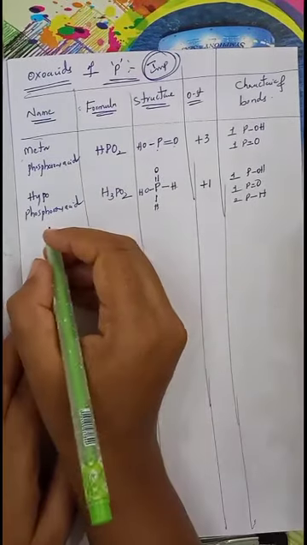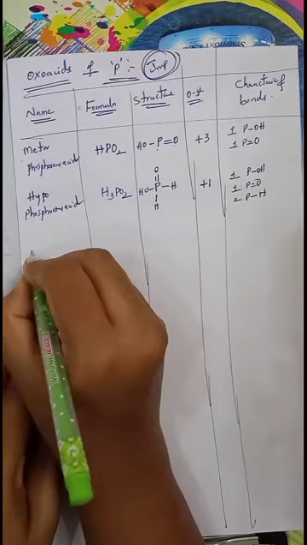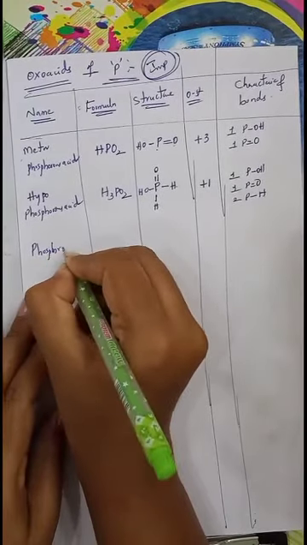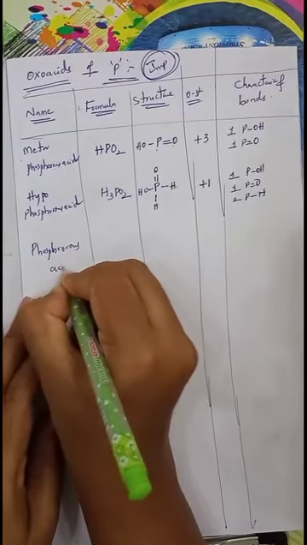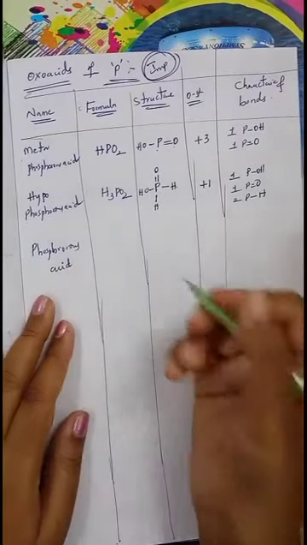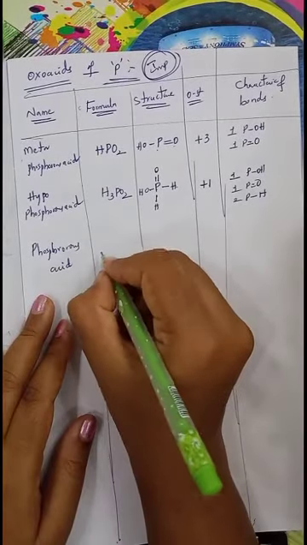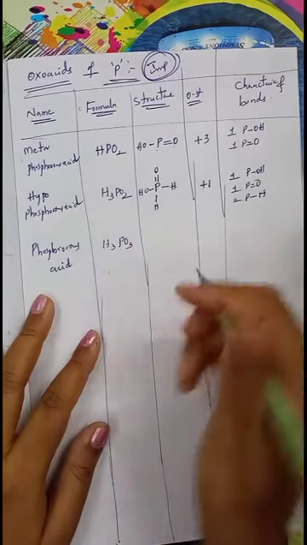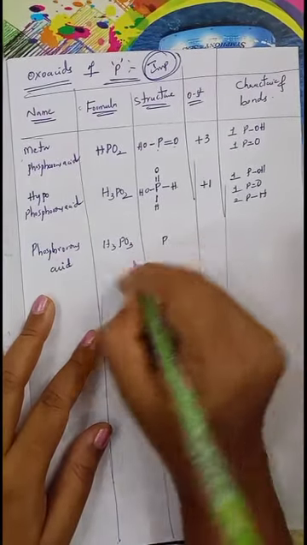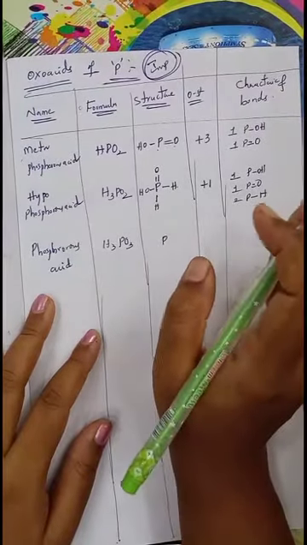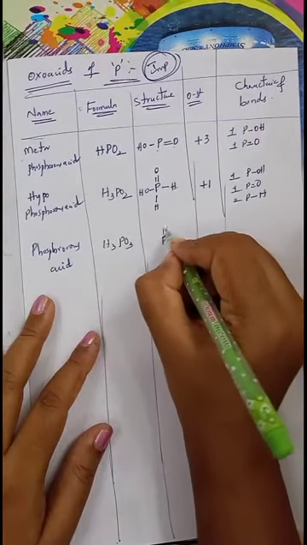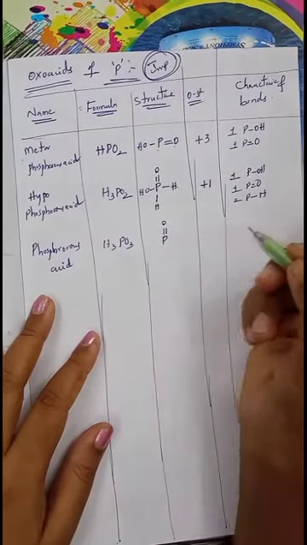Next one, phosphorus acid. The phosphorus acid formula is H3PO3. Central atom phosphorus. As I already told you, however many oxygens are there, it is not a problem. Always make one oxygen a double bond to the phosphorus.